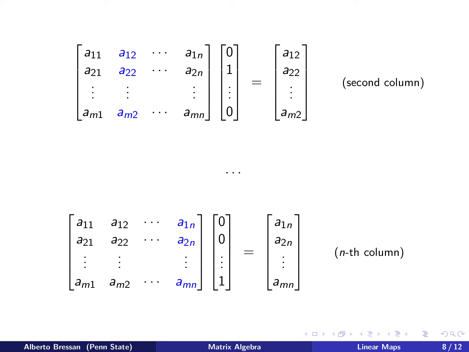And then you can go through all of them and reach the last one, the nth. Then you see that this product here will only take this value because that's the only non-zero, which is 1 here. So the resulting column vector will be exactly the nth column from the A matrix.